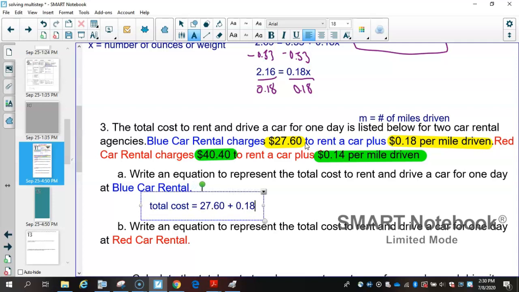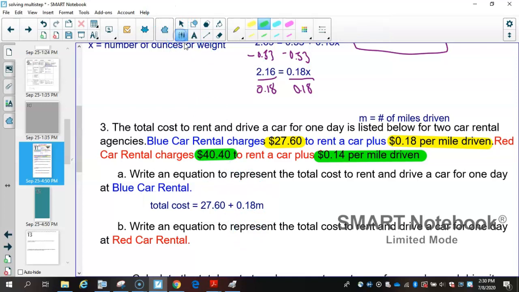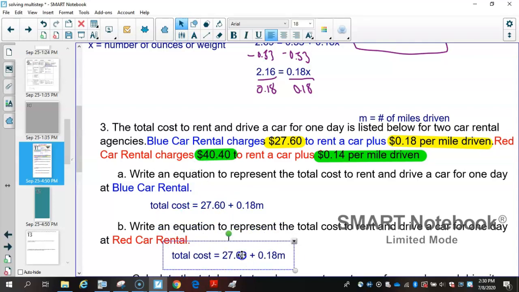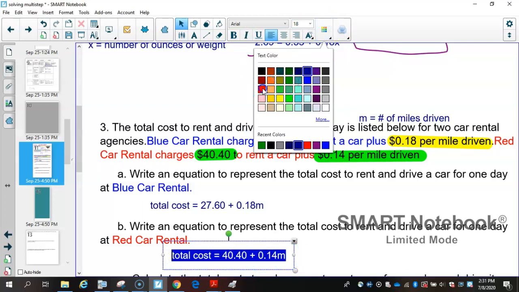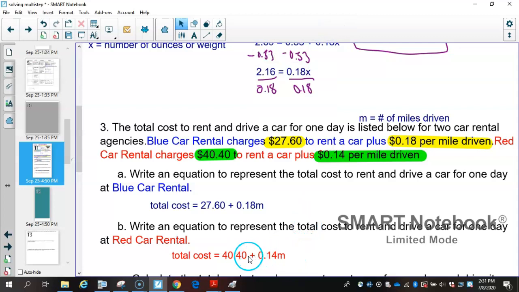We don't know how many miles were driven, so that's going to be our variable M. And then the red car rental is going to be very similar. Except now theirs is $40.40, and it's 14 cents for every mile driven. Okay.